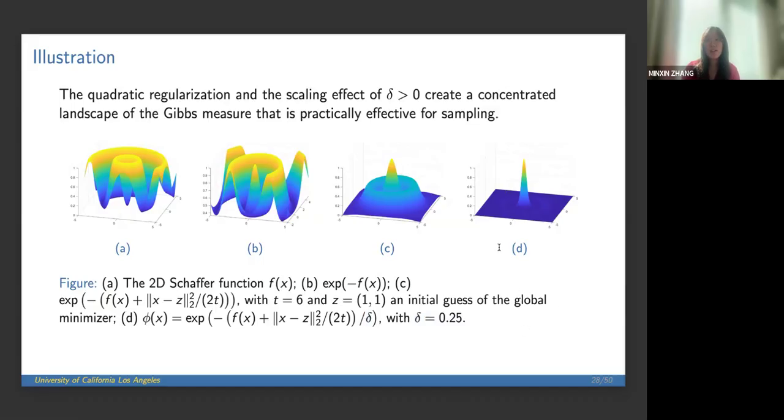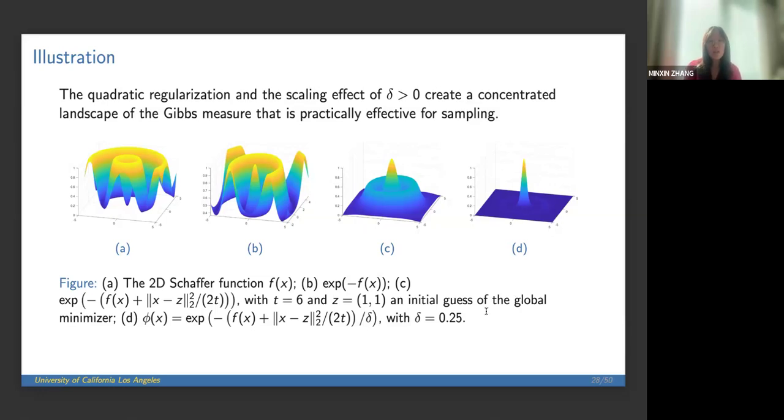And you can see we get picture D, which is a very locally concentrated landscape. And to estimate our proximal operator, as I said, it has been converted into estimating the expectation of this very simple Gibbs measure with a highly concentrated landscape.